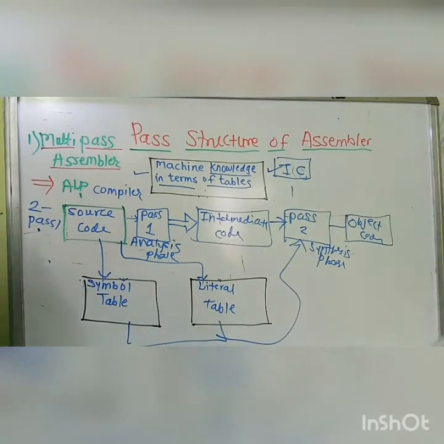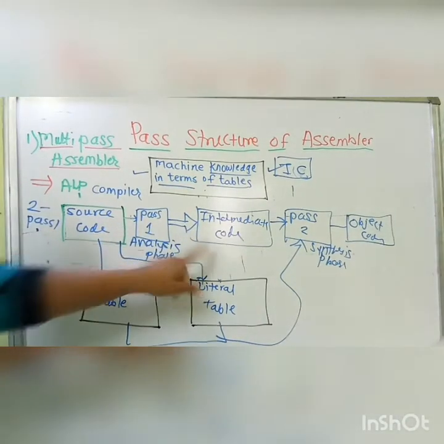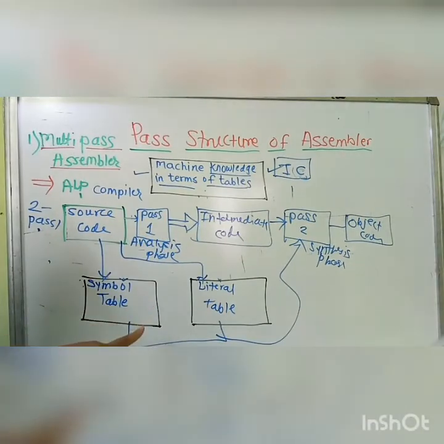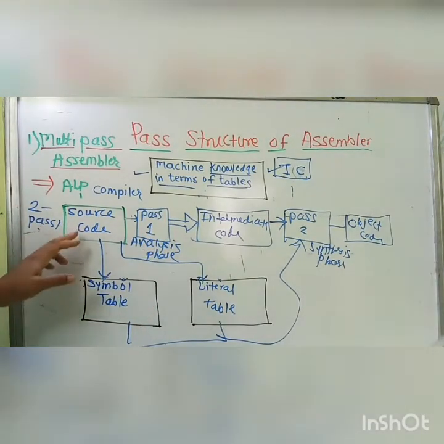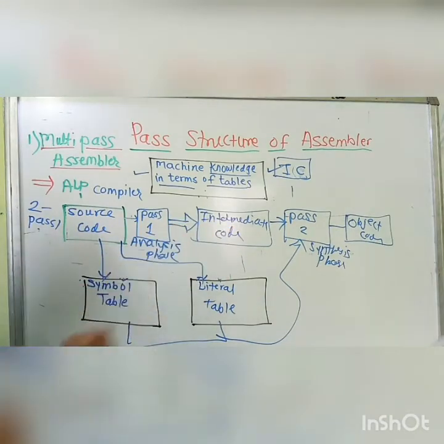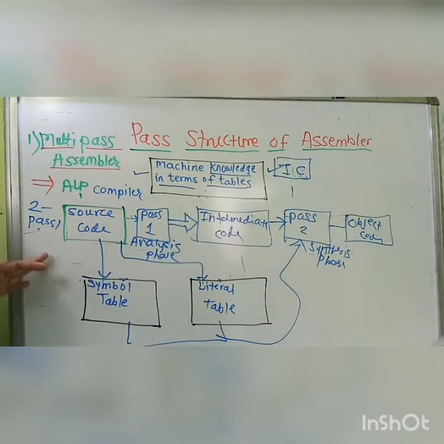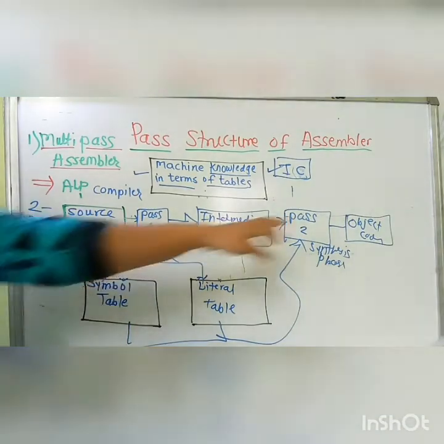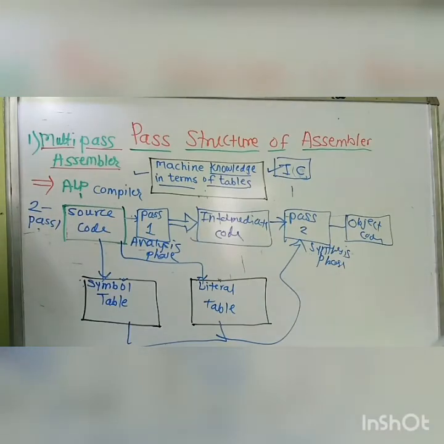As the name says, a one pass assembler passes over the source code only once, a two pass assembler goes through the source code twice, and in multi-pass the assembler goes through the source code multiple times and generates the object code. In between we can generate many passes.